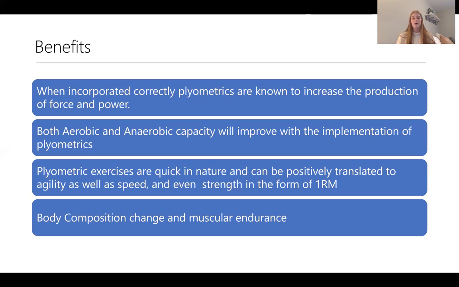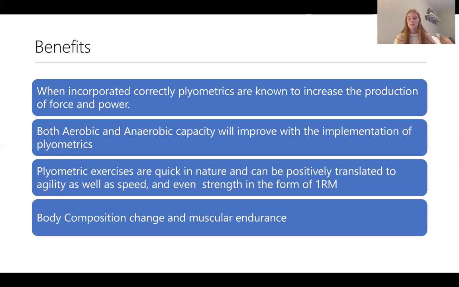So when we're talking about body composition and change from plyometrics, there's very little research, and a lot of that has to do with an athlete and what sport they play, what their resistance training programs look like, whether they even have a resistance training program. So there's very little information on that.